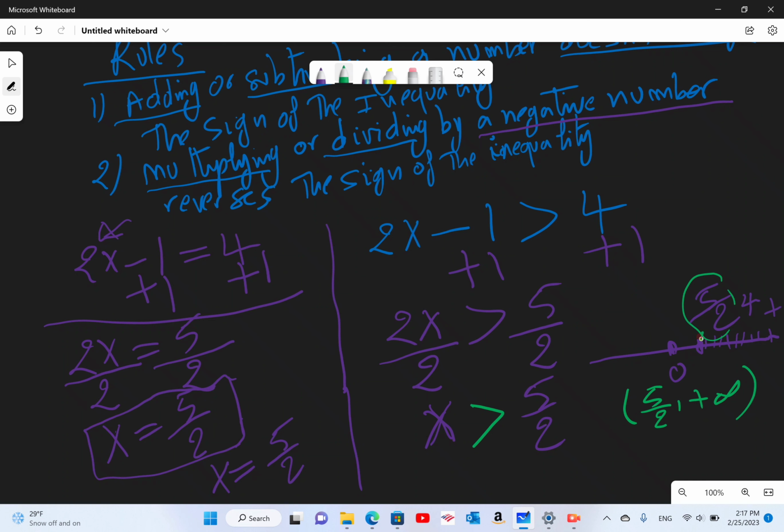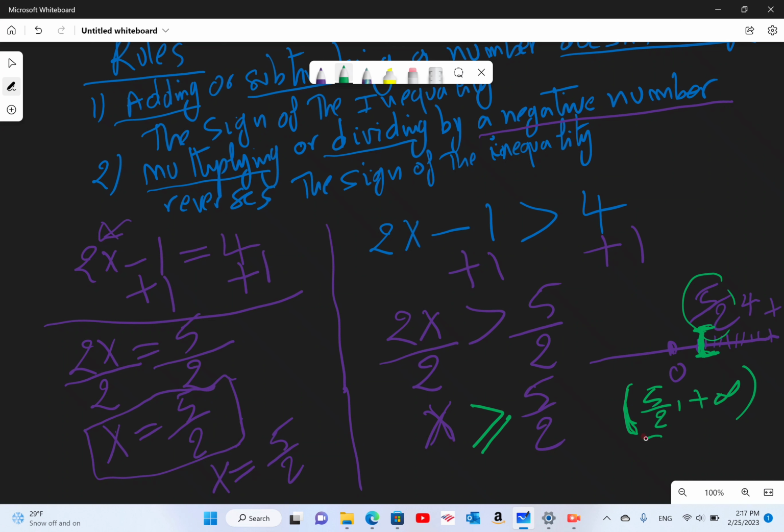And over here we use an open parenthesis on 5/2, meaning that 5/2 does not belong. Also in the interval notation, 5/2 does not belong to our solution set. But if we had greater or equal, then on this number line we use a closed bracket going towards plus infinity.